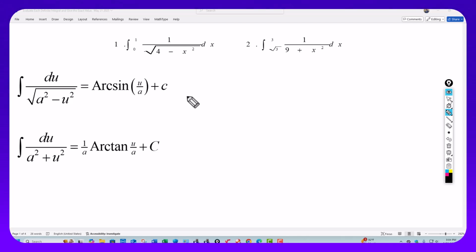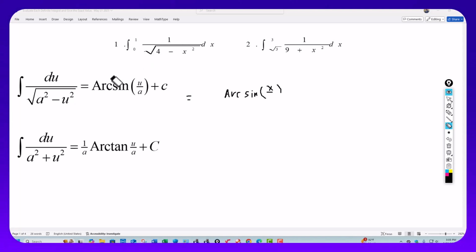So this one here we can go directly to the integration. Limits from 0 to 1, we don't have to mess with those. So the integral for this one then is simply going to be arcsine, and then it'd be u over a. Now in our case, u is x, so just put an x here. We're not going to change anything here.